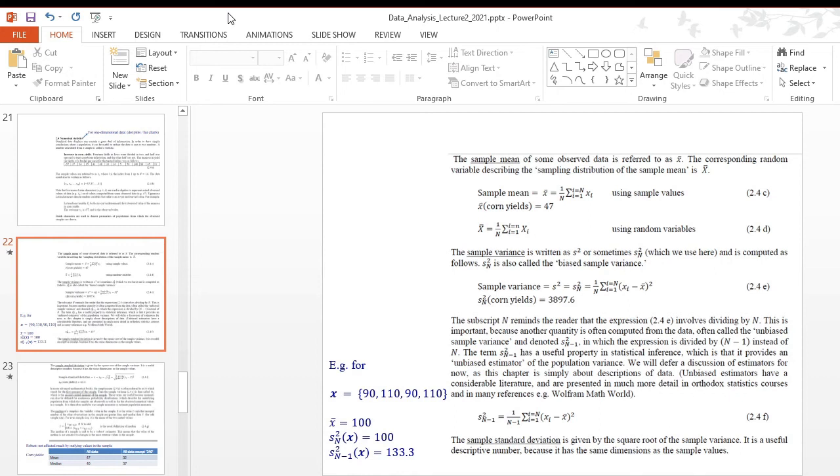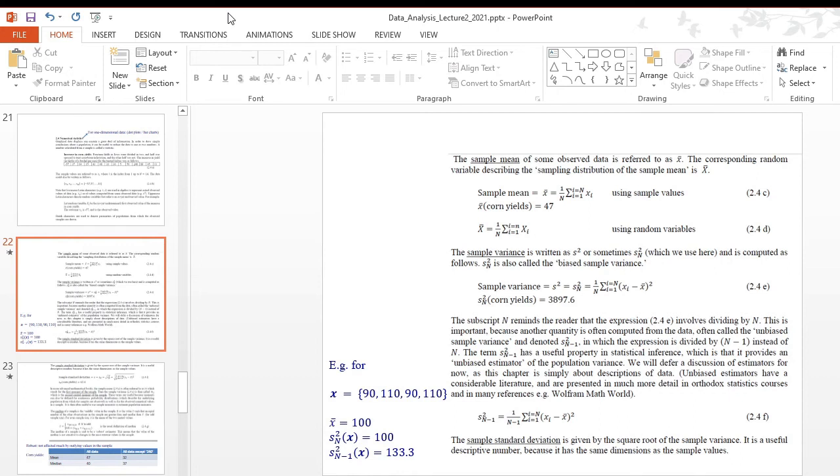If you've got 100 measurements, the difference between n and n minus 1 is the difference between 100 and 99. When you've got smallish data sets, your bigger, more cautious number, s squared subscript n minus 1, gives you a more accurate estimate of the population variance.